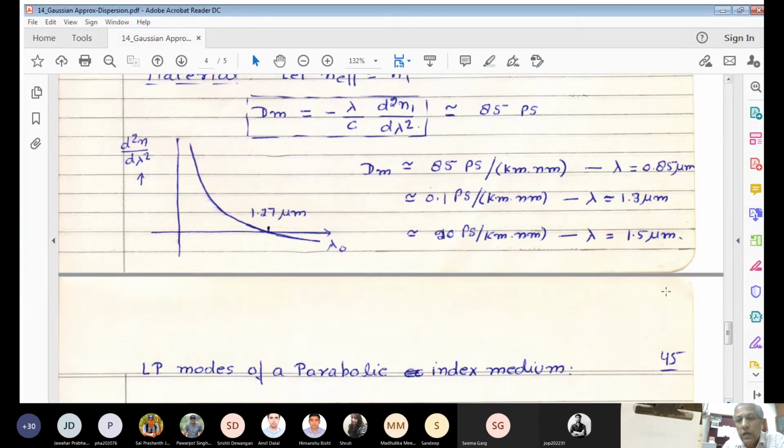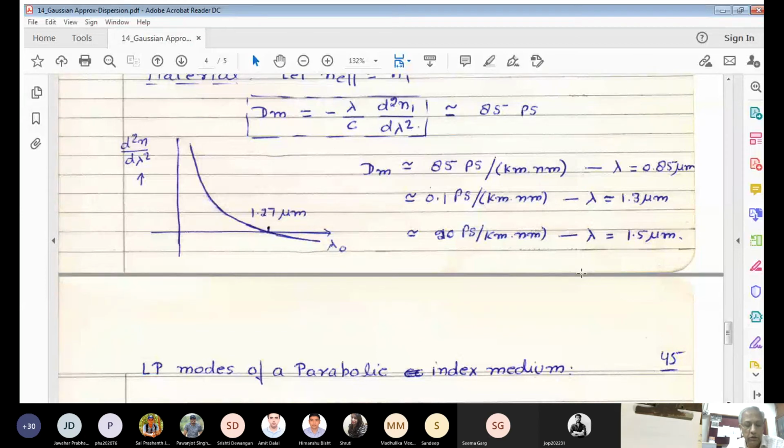And again at 1.5 micron, this is 20 picosecond per kilometer nanometer. But as we discuss later on, this can be reduced actually, the overall dispersion. You can design a fiber in such a way that material dispersion compensates the waveguide dispersion at higher wavelength, and you get zero dispersion at 1.5 micron.